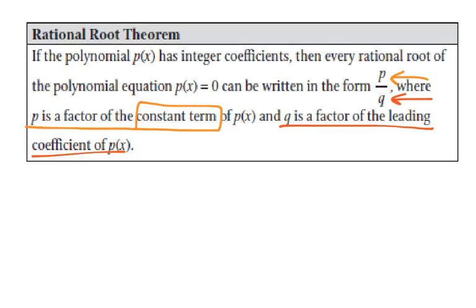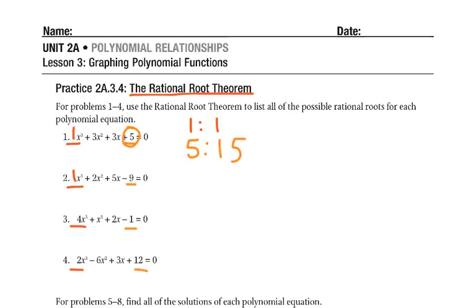The numerator, the top, is the factor of the constant term, and the coefficient is the denominator. Okay, so this is the top, this is the bottom of the fraction. So we have either 1 over 1 or 5 over 1, which we'd simplify to 1 and 5.